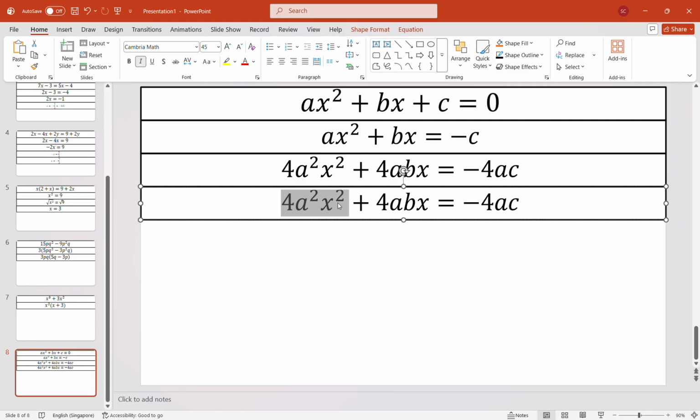And then I think we can write this as (2ax + b) squared, since the square root of 4 is 2, and the square root of a squared and x squared is ax.